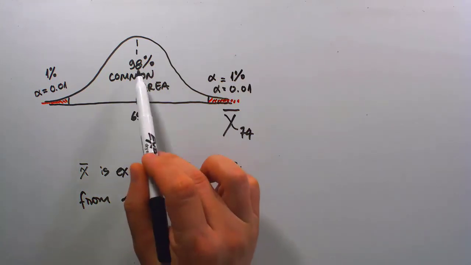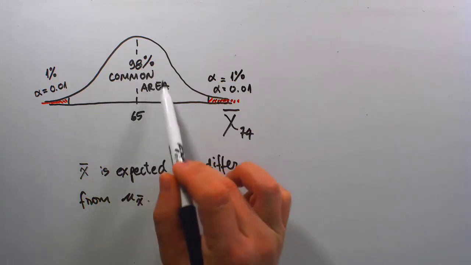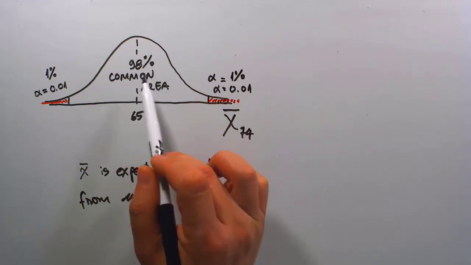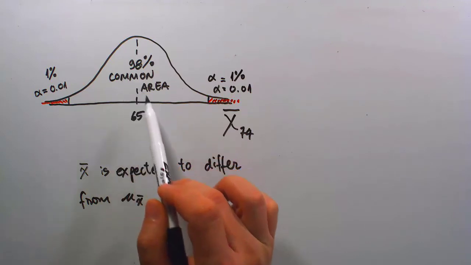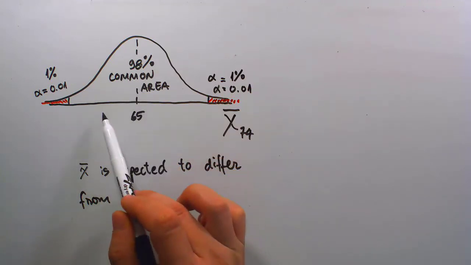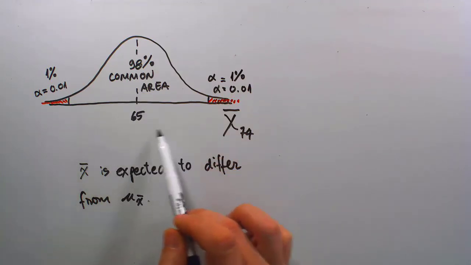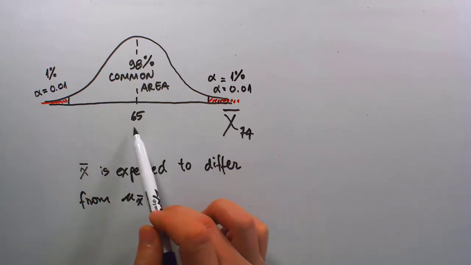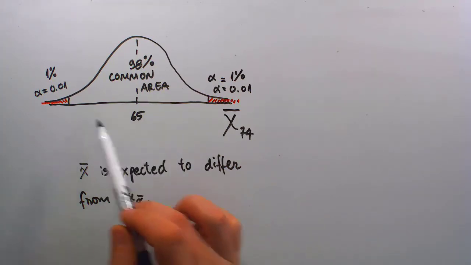And so this 98% in the common area means we accept 98% of those values that fluctuate from the center. And I use the term fluctuate, meaning some sample value can be a little bit above, or a little bit below.